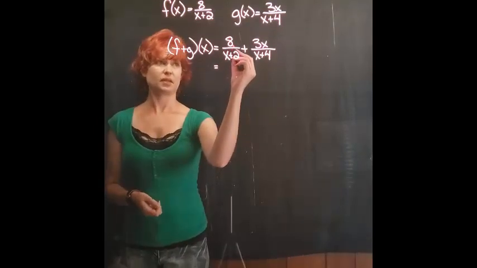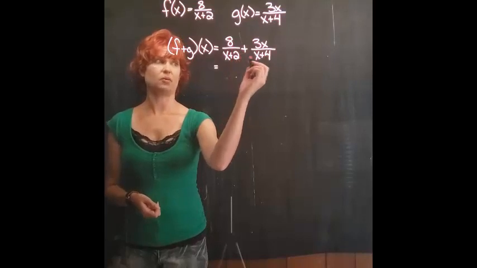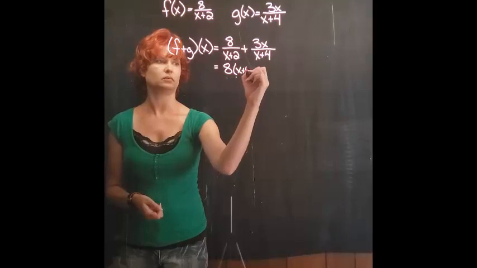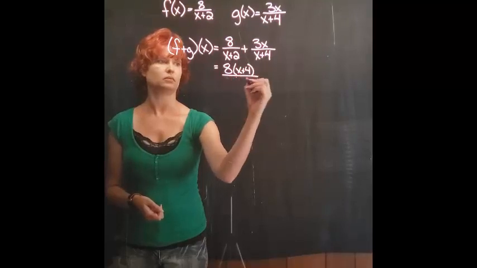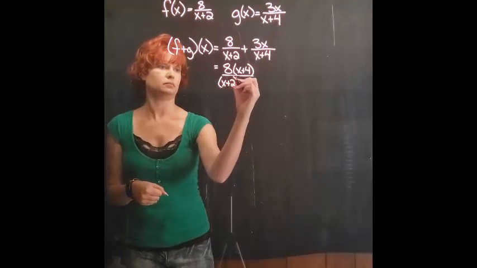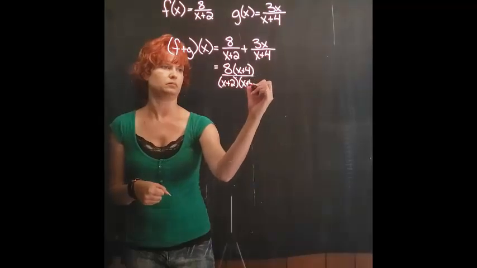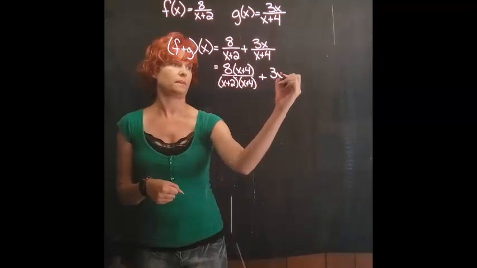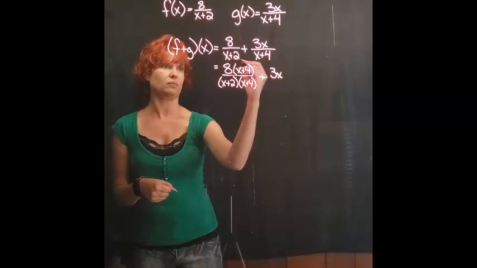So I'm going to multiply top and bottom here by x plus 4. And I'm going to multiply here by x plus 2.